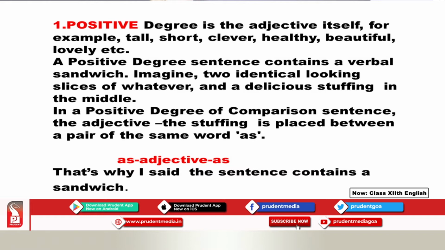Imagine 2 identical looking slices of whatever, bread, maybe a bun, and a delicious stuffing in the middle. In a positive degree of comparison sentence, the adjective, the stuffing, is placed between a pair of the same word, as. As, adjective, as. That's why I said the sentence contains a sandwich.